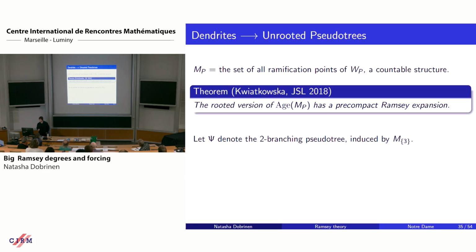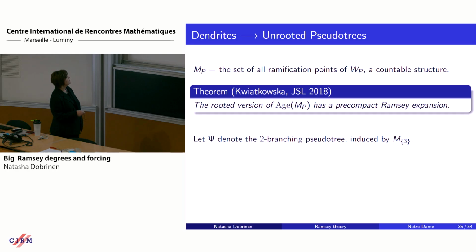And a point in the proof was showing that there is a precompact Ramsey expansion for the rooted version of the age of the set of all ramification points. While the dendrite is a continuum, the set of ramification points is countable, and these are the points where the dendrite is branching, and it looks a lot like copies of the rationals where they have the branching points.